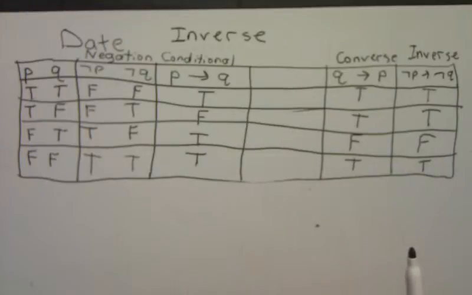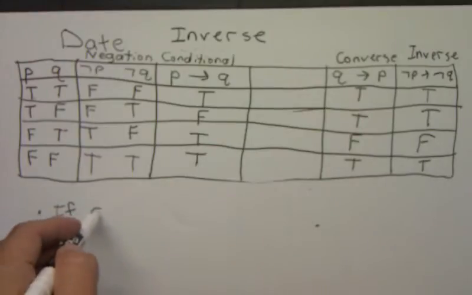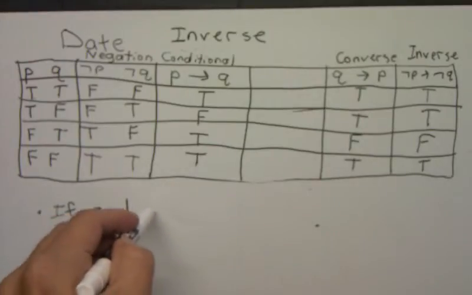Logicians have used the term if and only if when a conditional statement and its converse are true. Okay? So we just got through saying that an equivalent statement is if the conditional statement and its converse are true. So the last thing you wrote down was equivalent statements. So underneath that I want you to write if and only if.